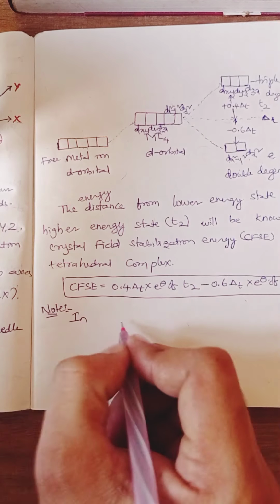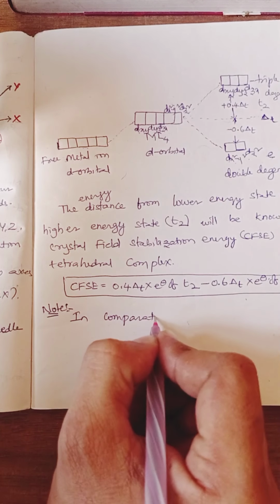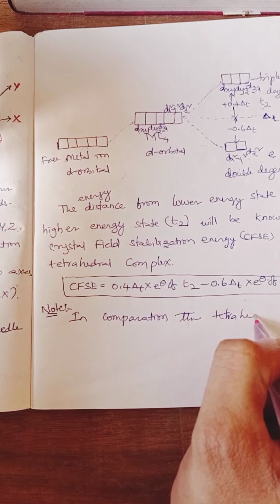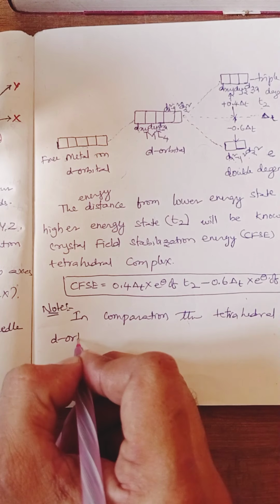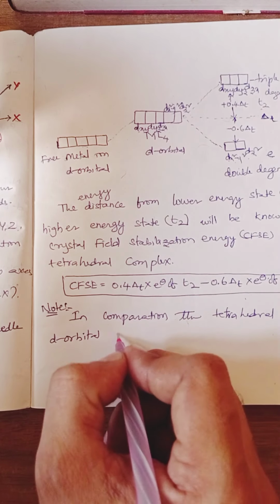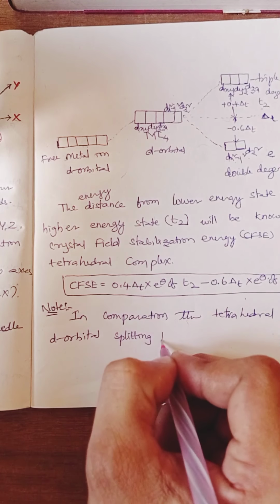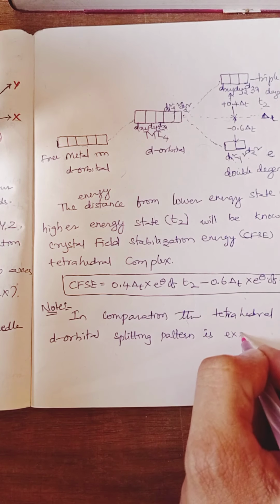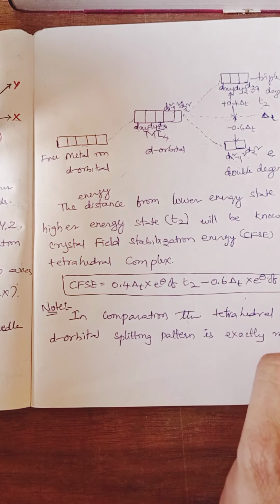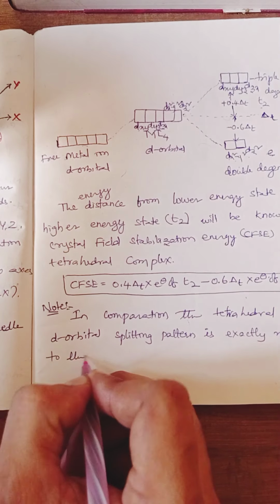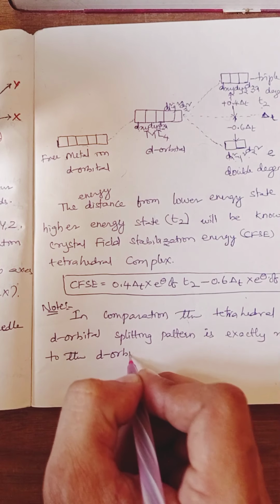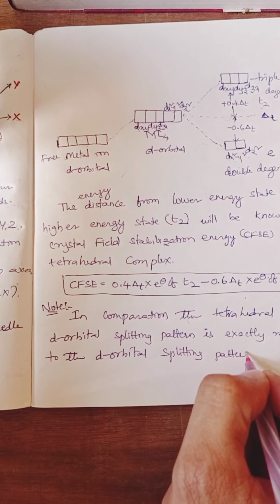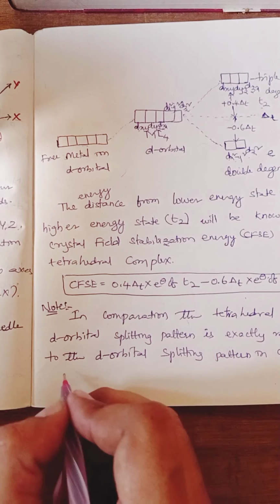So in comparison, the tetrahedral d-orbital splitting pattern is exactly reverse to the d-orbital splitting pattern in octahedral complexes.